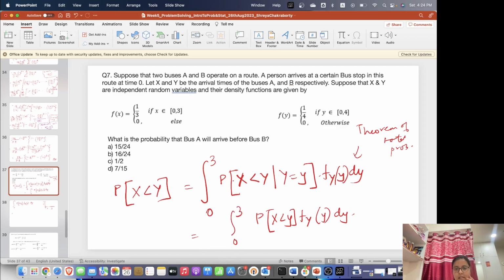Okay, the integral is with respect to x or y, dy or dx? The integral is with respect to y, but x can only take values up to 3. Oh sorry, my mistake, the integral is with respect to y only, and this should be 4.